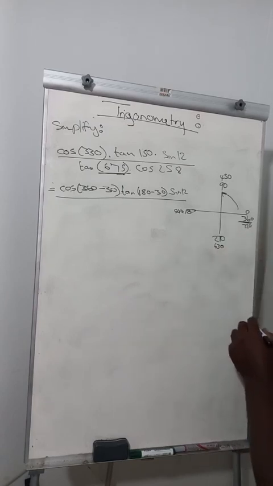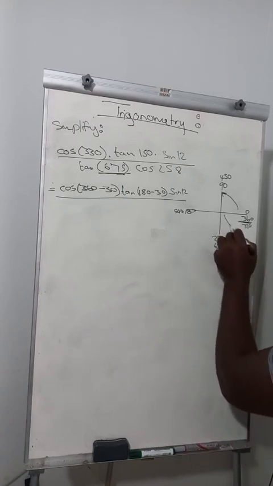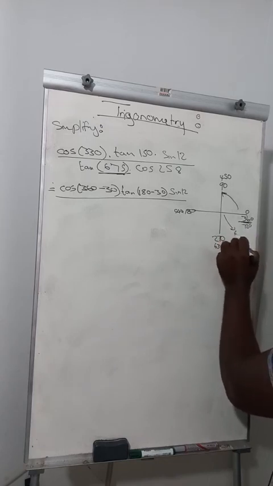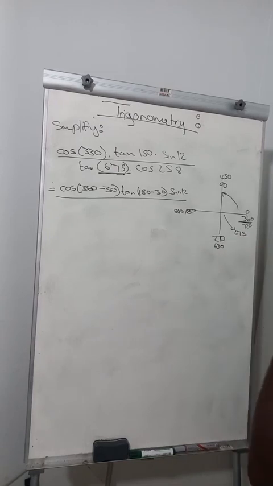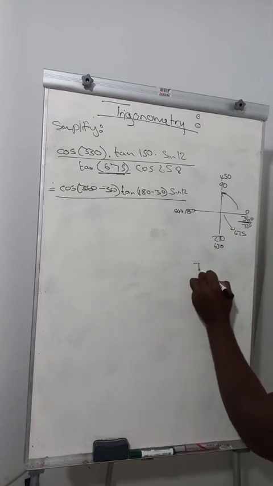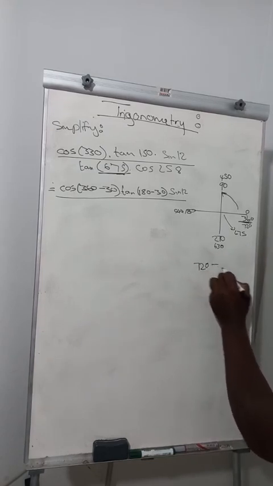So do you see that 675 falls within the fourth quadrant? It's somewhere here. Because of this, you need to say 720 minus 675. How much do you get?